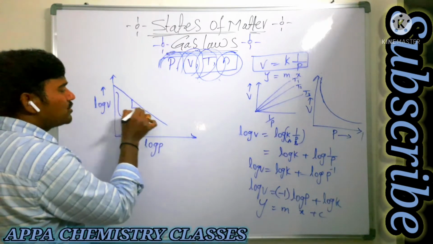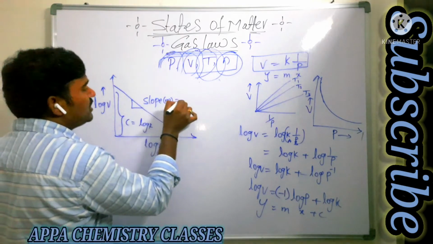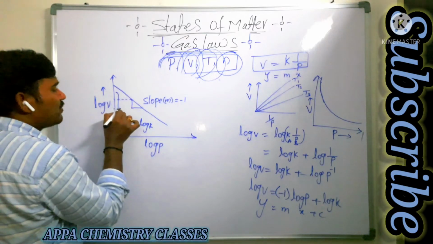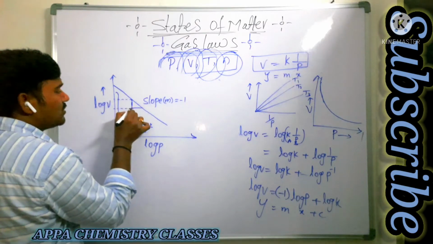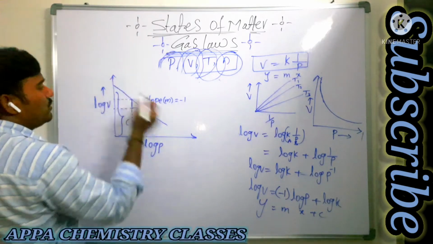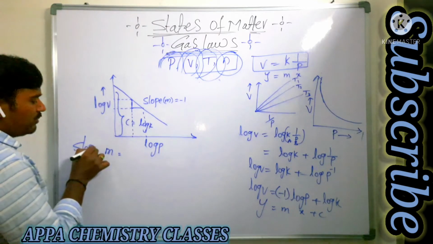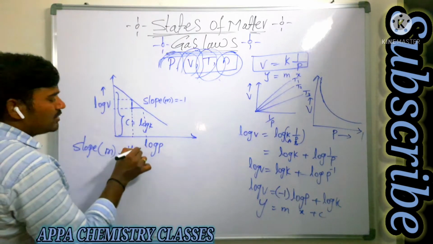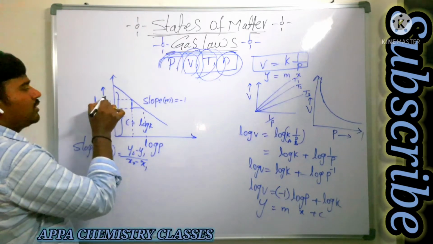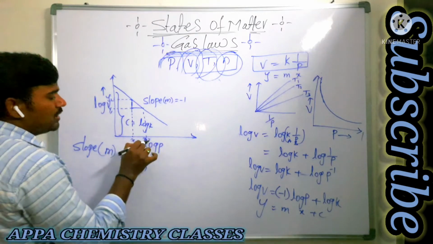Now here it is the slope. The slope m is how much here? Negative. So how are you going to get the slope? If you do y2 minus y1 by x2 minus x1, then you are going to get the slope. So this is y2, this is y1, here it is x1, it is x2.